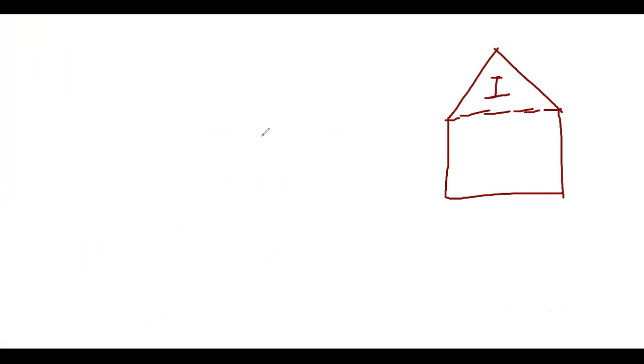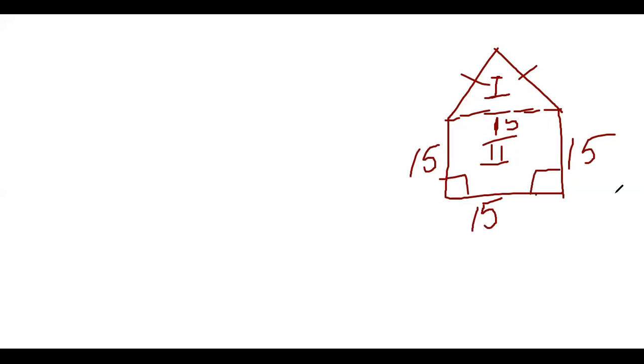One is a triangle, another is a square. Because it's given 15, it's also given 15, it's also given 15, then definitely its opposite will also be 15, because these two are also equal, right? So it will be a square. Its opposite will also be 15, because straight lines are given here, right? So it's a square.